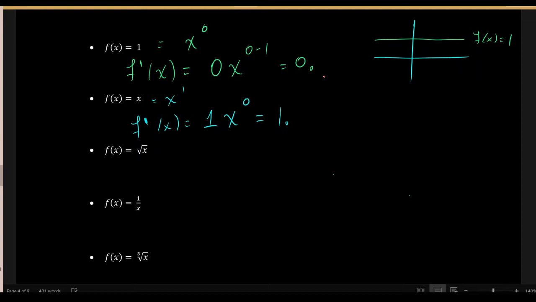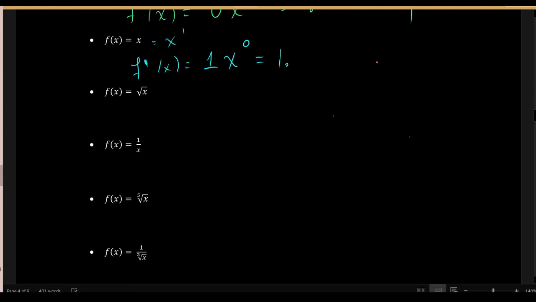Now let's try f of x equals square root of x. The square root is equivalent to x to the power 1/2. So let's apply power rule. Power rule, which says take 1/2 and multiply it. And then take x to the power 1/2 minus 1.